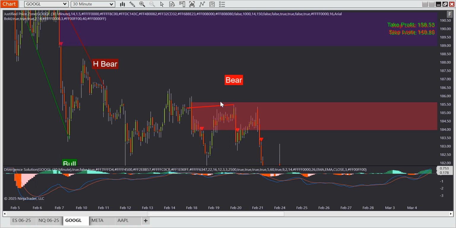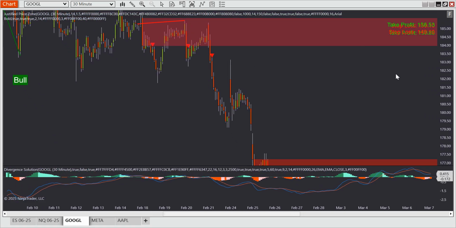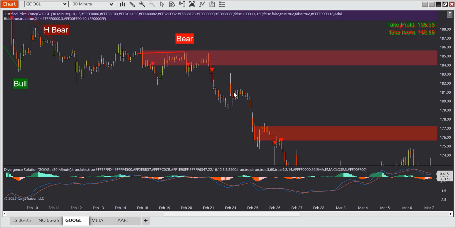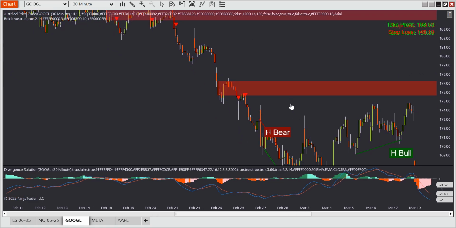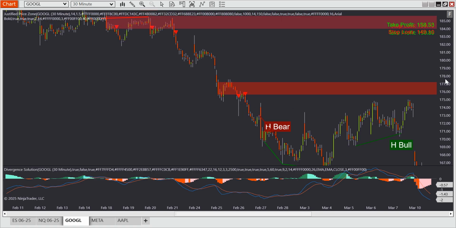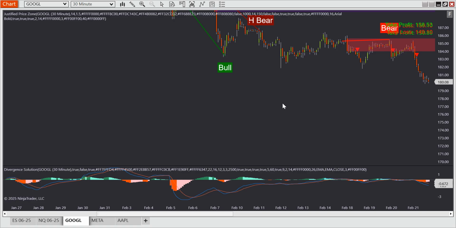In many examples, you may have a bearish zone up here where price will make that higher high into the zone, the bearish divergence will form, and then we get that strong push down. Of course, in this example, very strong movement down. It would have been a great trade, taking out plenty of previous lows.